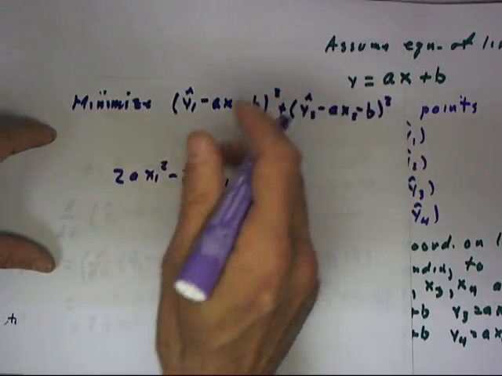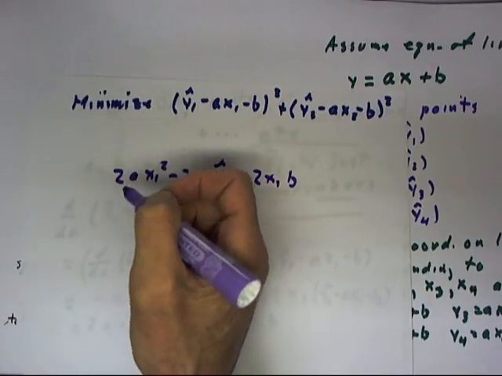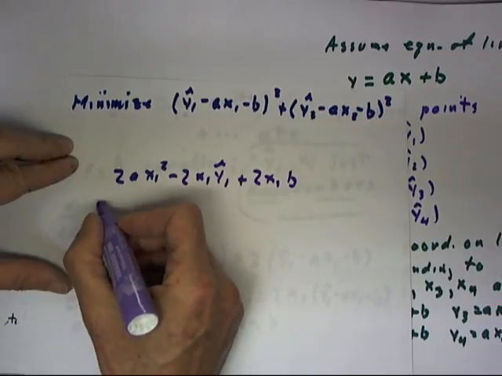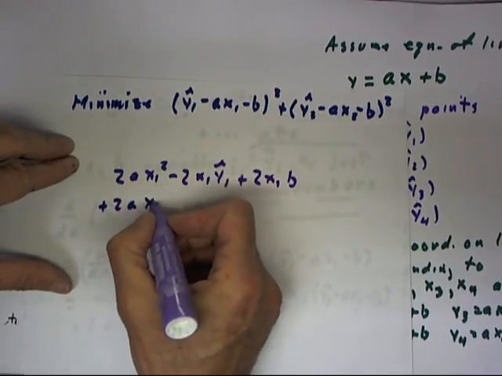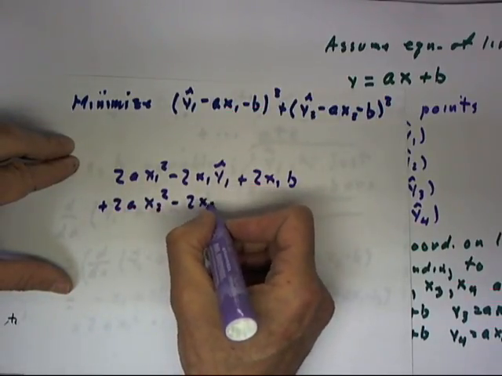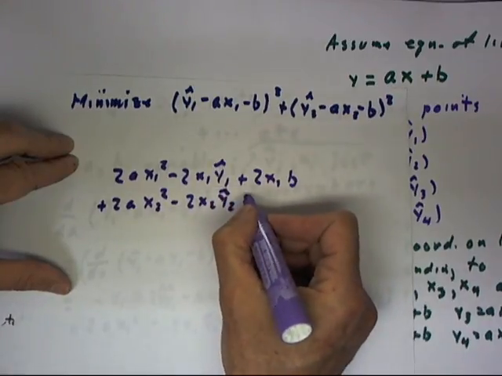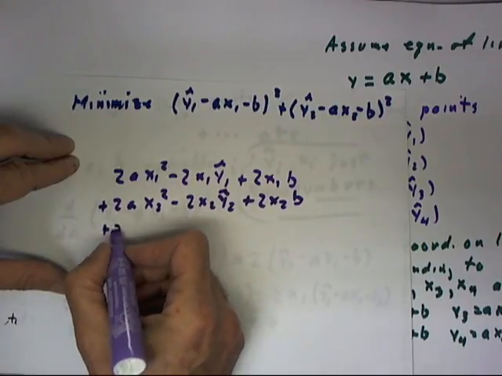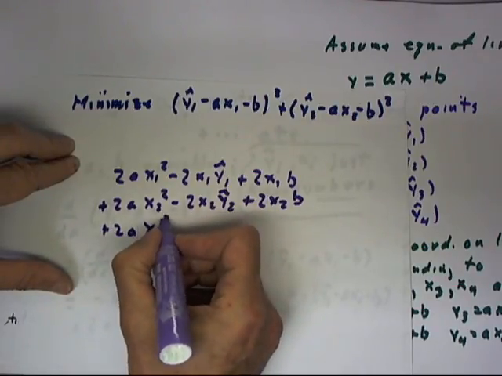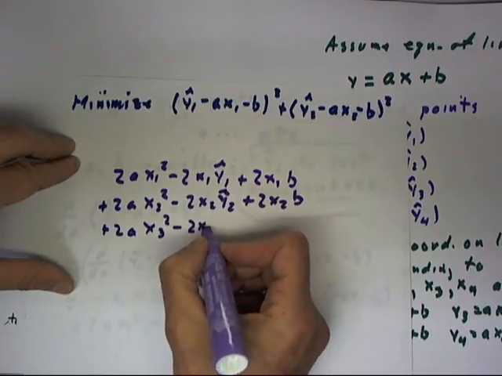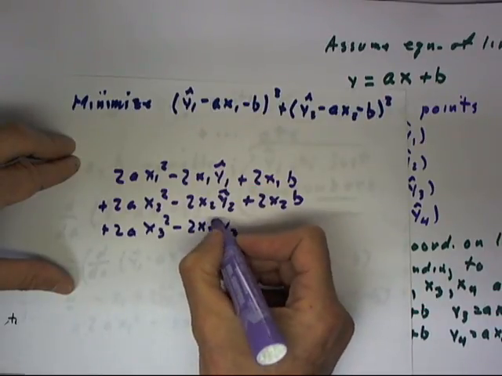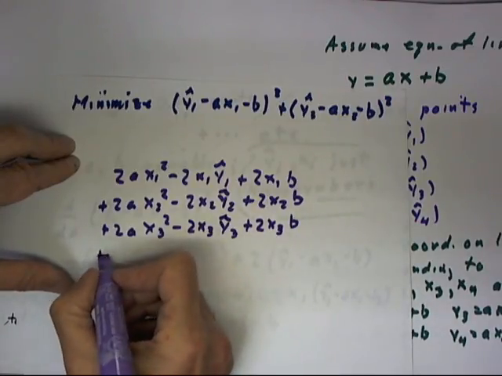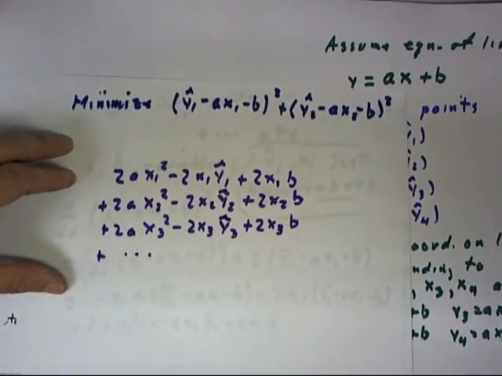Okay, then we're going to have what? Plus 2a x2 squared minus 2x2 y2 hat plus 2x2b plus 2a, this is getting a little tedious now, just replacing the subscripts with 3 and so forth.